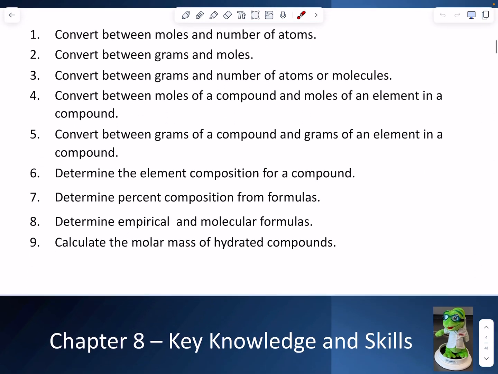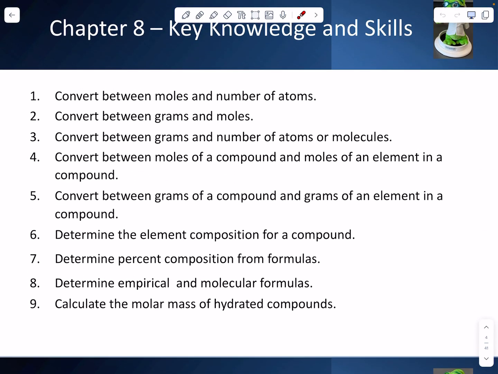Now, for this chapter, we're going to be revisiting some of the early trauma of the semester with unit conversions. The good news is that you've done a lot of this before. We're going to be converting units between moles and number of atoms, and the idea is we're starting to think about properties of materials and chemical reactions.